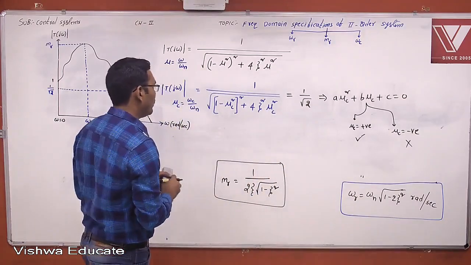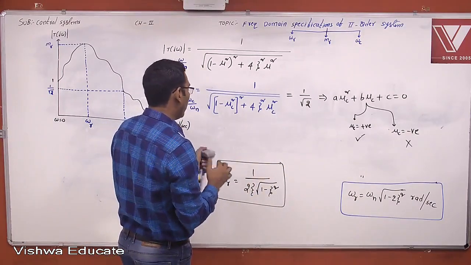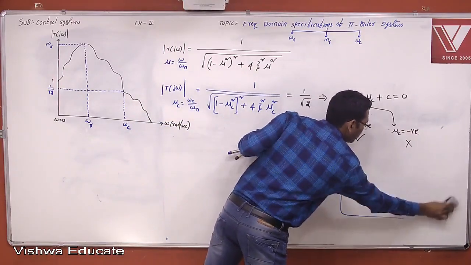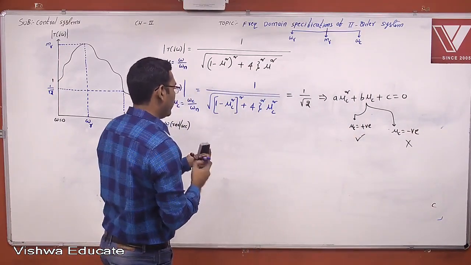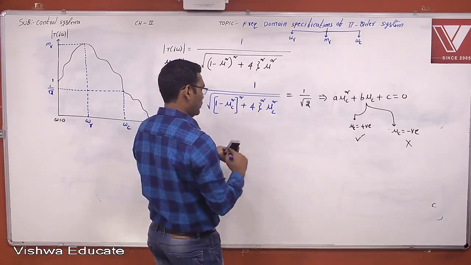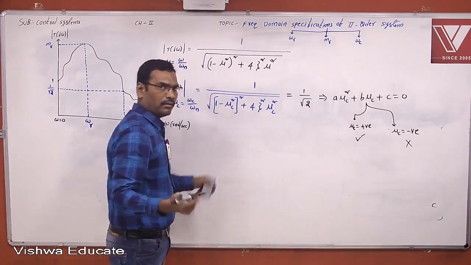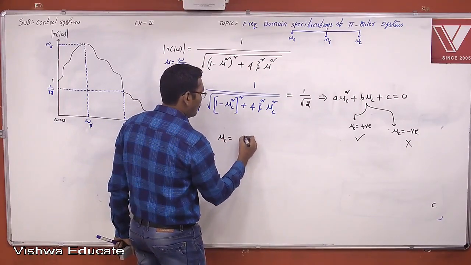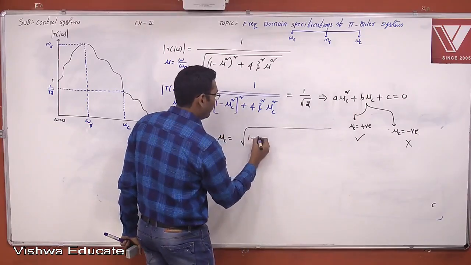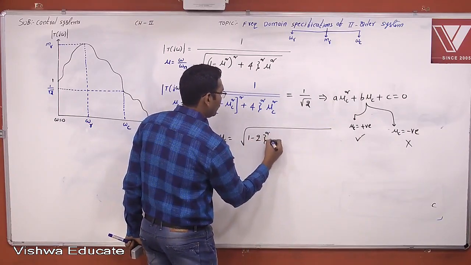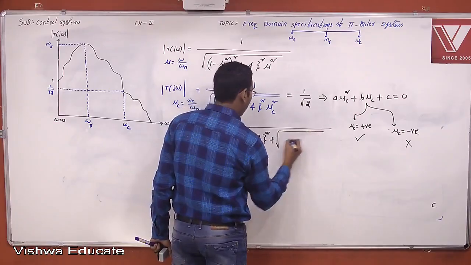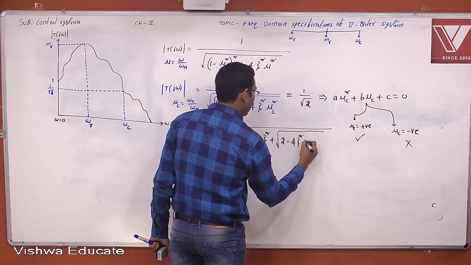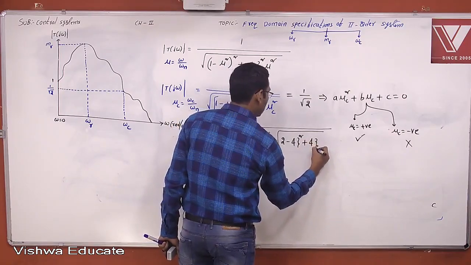Like that, if you do the derivation, you can get the mu c value as square root of 1 minus 2 zeta square plus under root of 2 minus 4 zeta square plus 4 into zeta power 4.